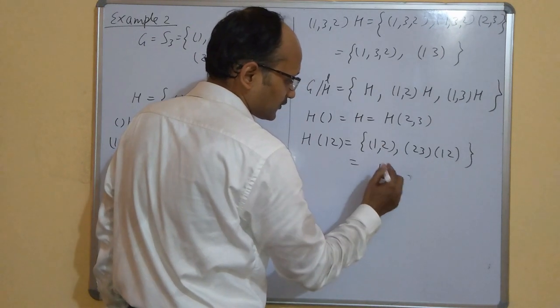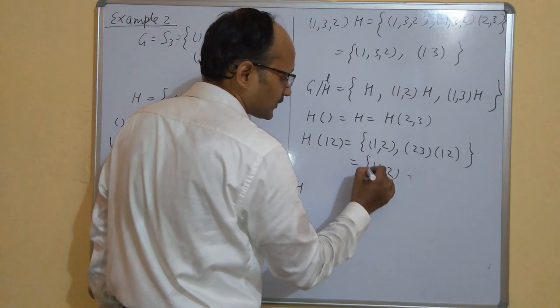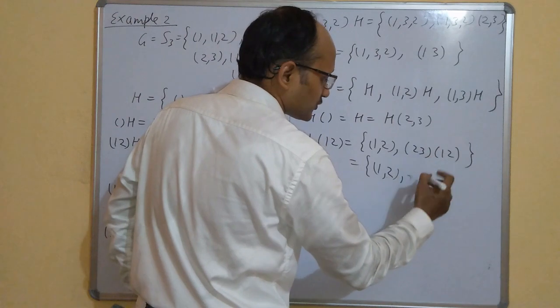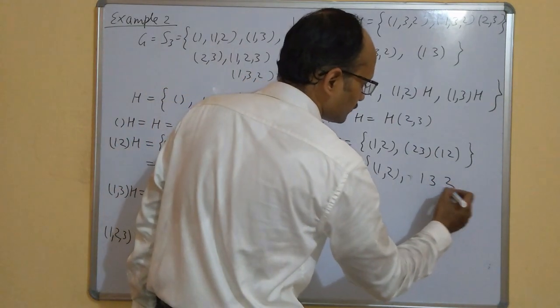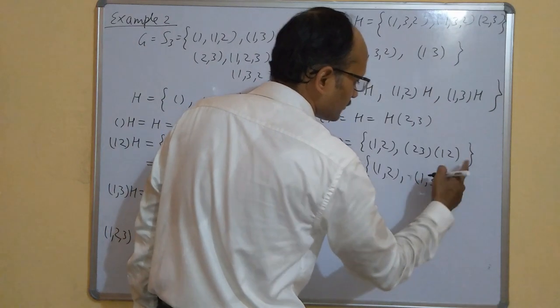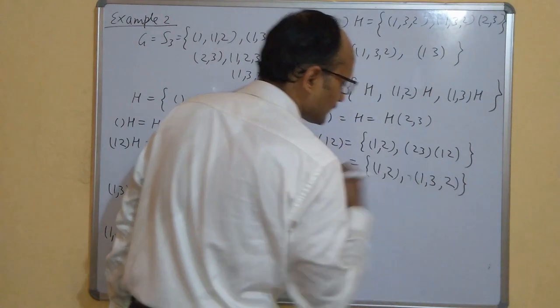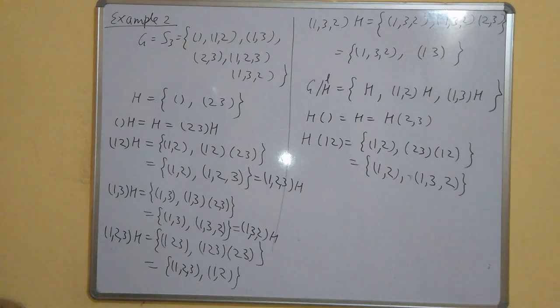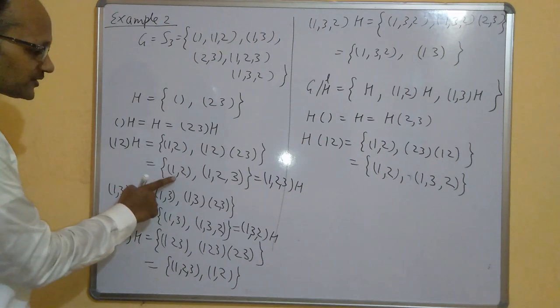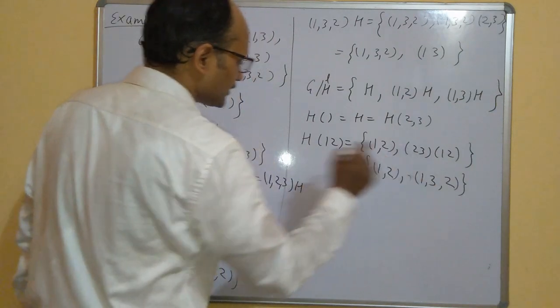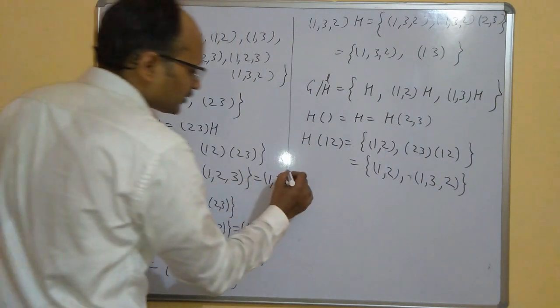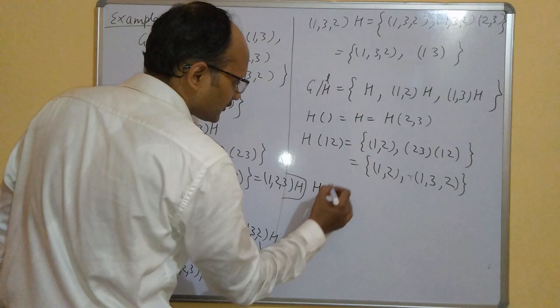So this is (1 2). 1 is going to 2, 2 is going to 3, so 1 is going to 3, 3 is going to 2, so this is (1 3 2), and 2 is going to 1. So this is this thing. So you can see that (1 2)H is {(1 2), (1 2 3)}, and H(1 2) is {(1 2), (1 3 2)}.